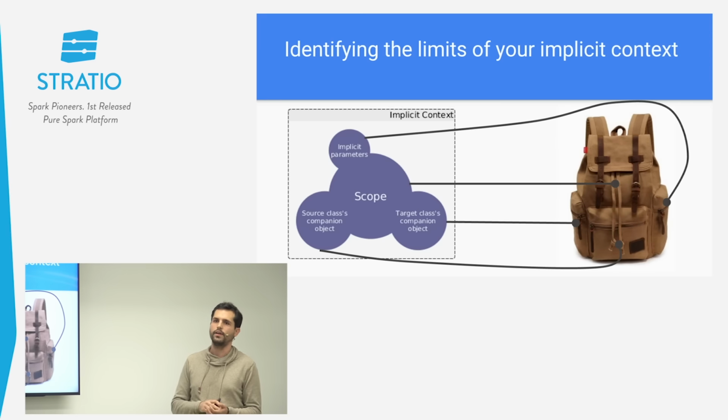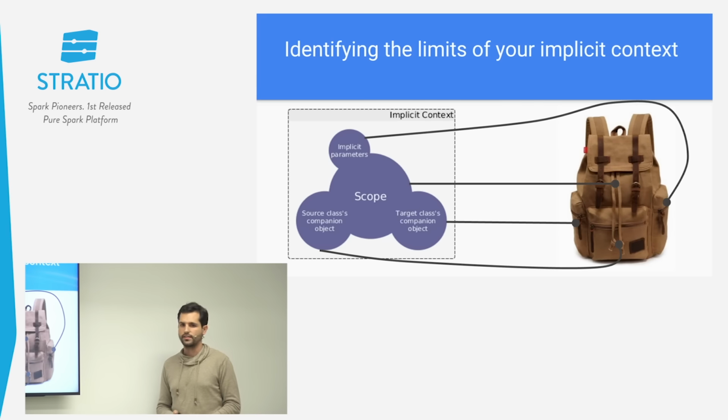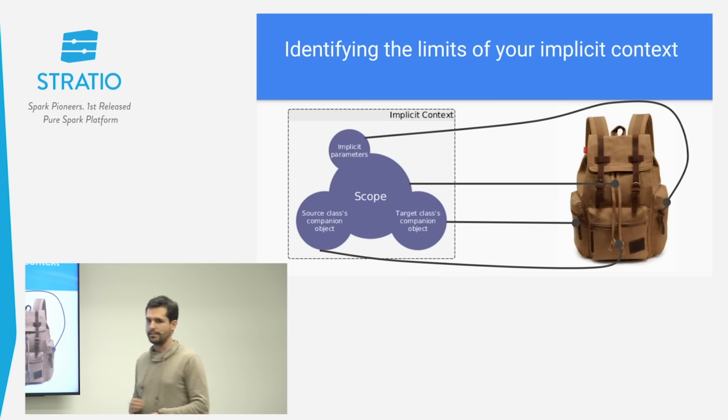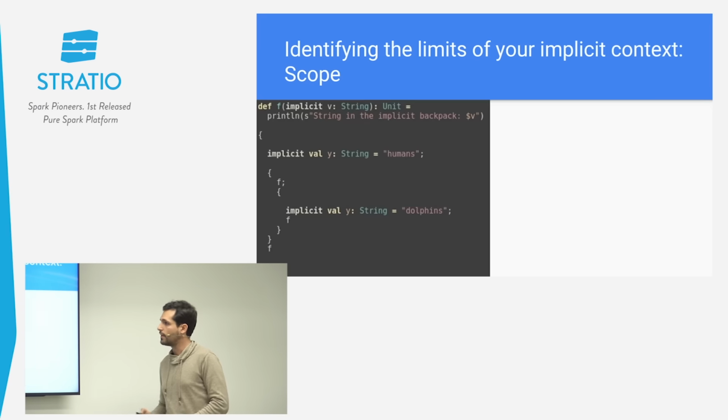If you have defined an implicit value in an object and you import it using the word import in your context, it is in your scope. And that's as simple as importing a variable or a value.